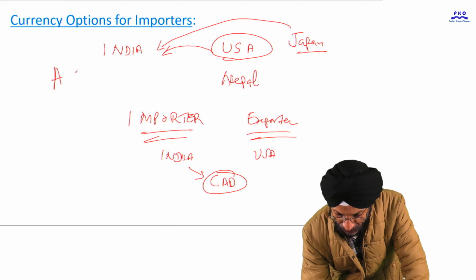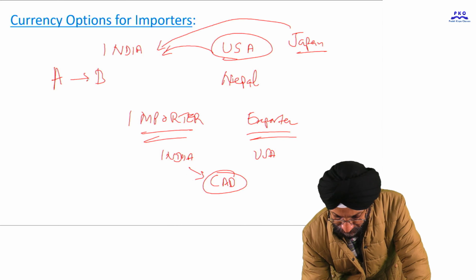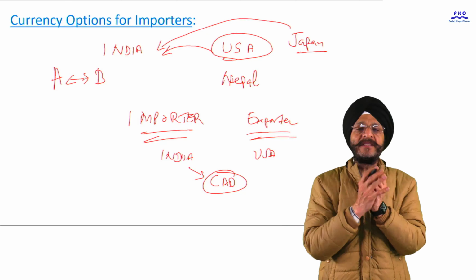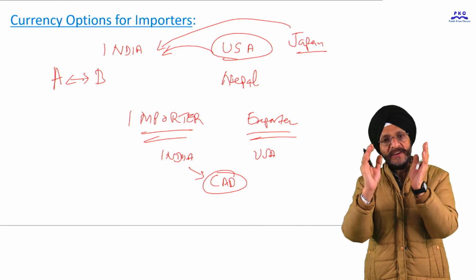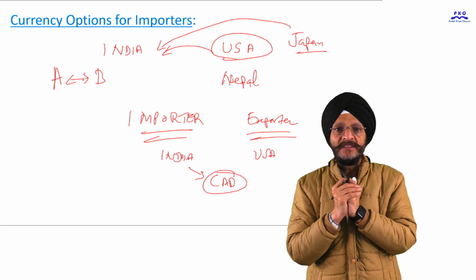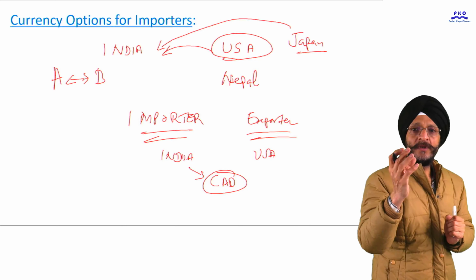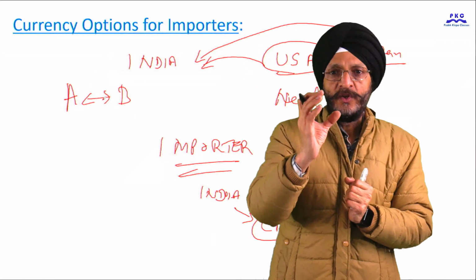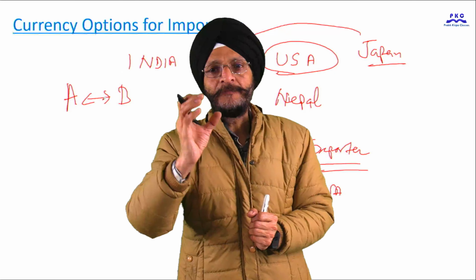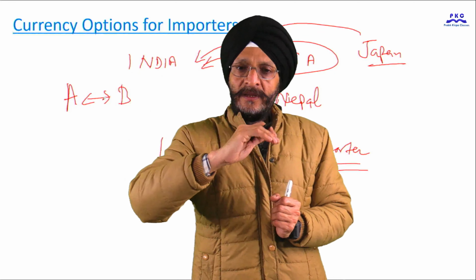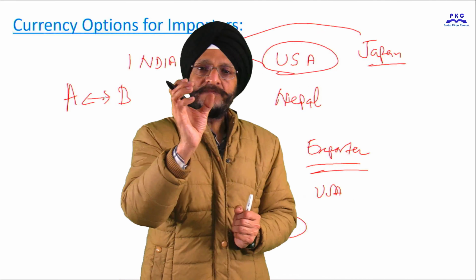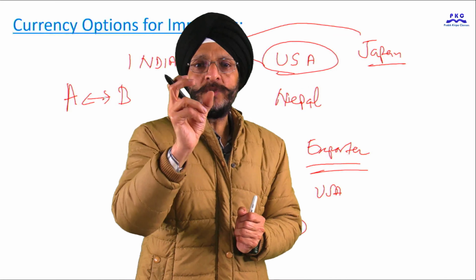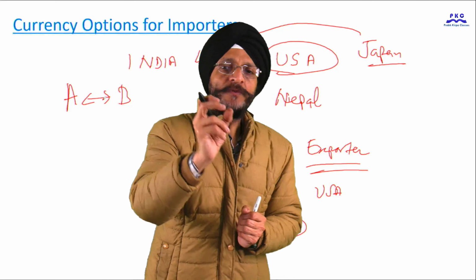Suppose there are two countries, A and B, as has happened in the case of Russia and China. Russia and China have entered into an agreement to give preference to their domestic currency in the trade between them; they will give preference to the currency of the exporting country.